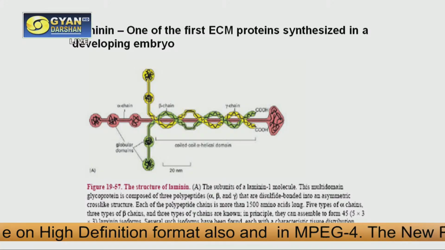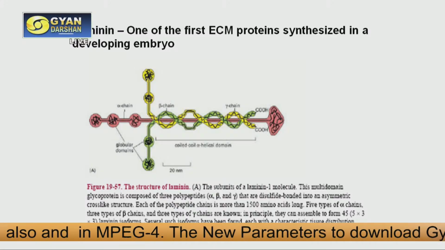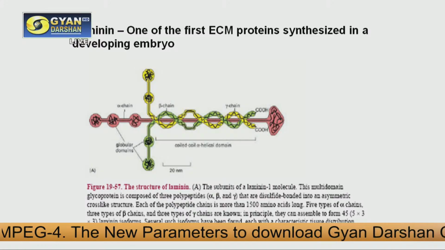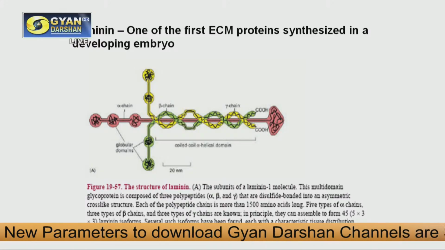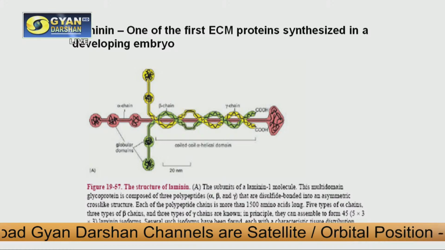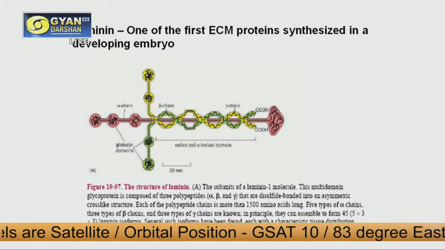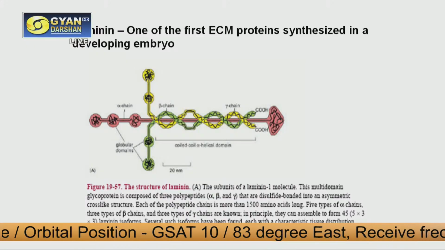Each of the polypeptide chains is more than 1500 amino acids long, with 5 types of alpha chains, 3 types of beta chains and 3 types of gamma chains. So, they can assemble and give rise to almost 45 isoforms, or 45 combinations.